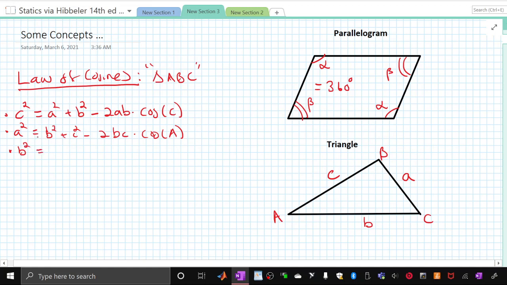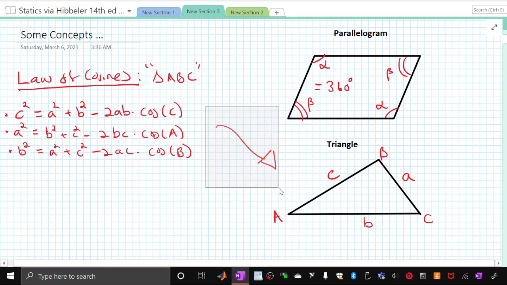There's only three. b squared is equal to a squared plus c squared minus 2ac times the cosine of B. And this is following this triangle. Once you label the triangle, make sure you do not change it. The sides and angles have to be the same throughout. So in order for this to be true, these have to be in this respective order.